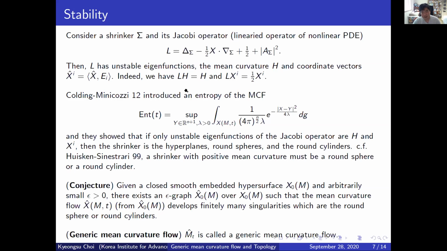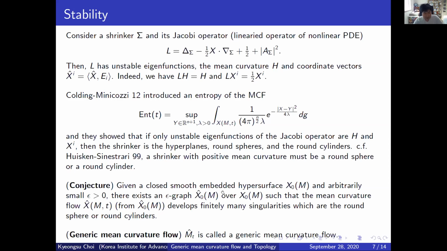operator has only the unstable eigenfunctions H and the coordinate functions. Yeah, they are the only unstable eigenfunctions of the Jacobi operator. And especially, these results strongly use a result of Huisken, namely that a shrinker with positive mean curvature must be a round sphere or round cylinder.